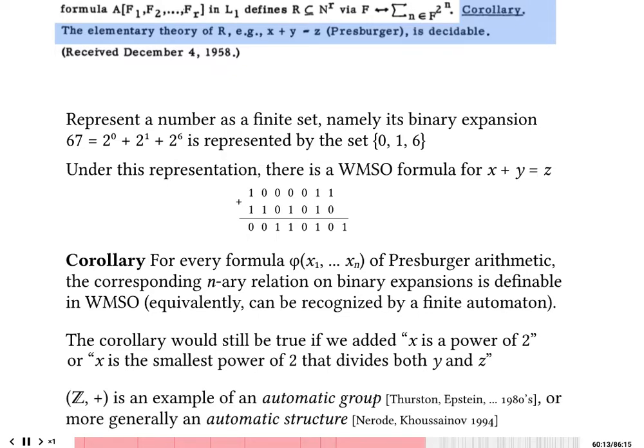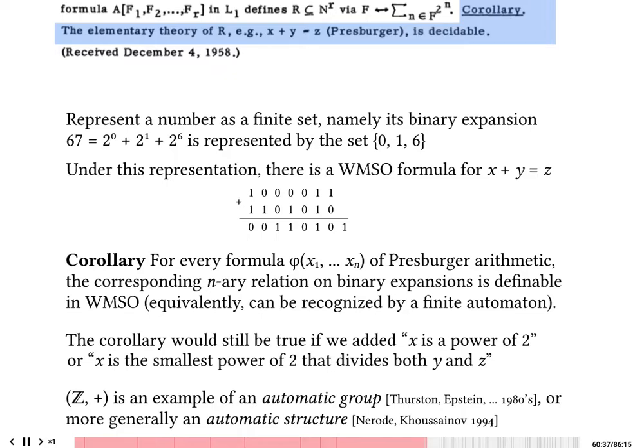Maybe it's worth pointing out some terminology, if you want to look things up later. You can take Presburger arithmetic and view it as a group, so it's integers, possibly negative ones. Presburger's theorem applies to possibly negative integers as well. So this is an example of an automatic group.